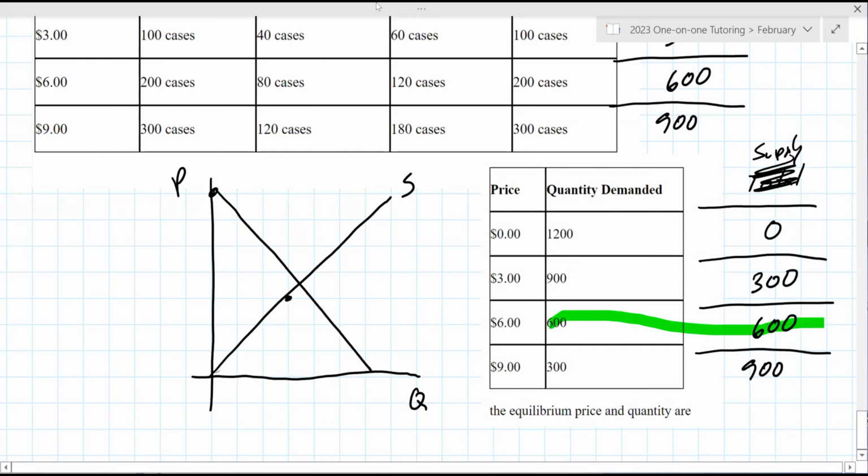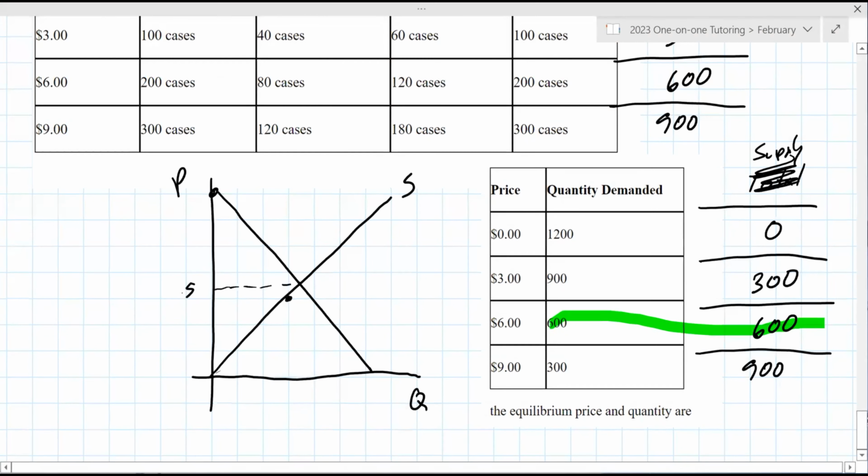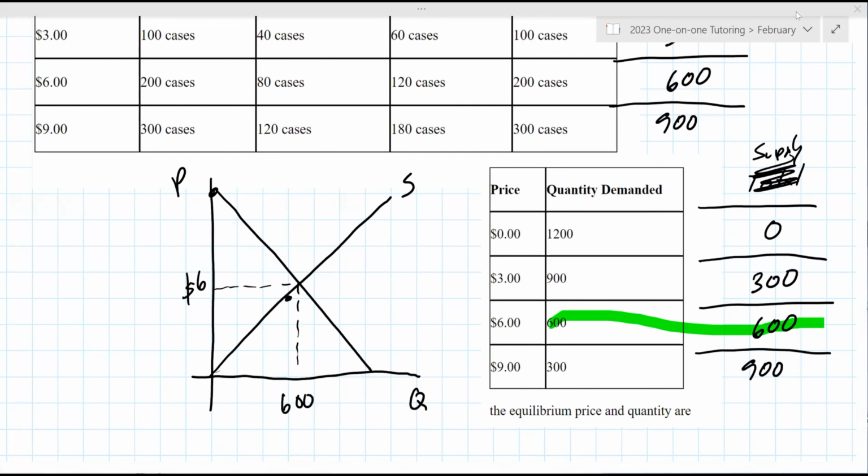So when the price is $6, the quantity demanded is 600 and the quantity supplied is 600. That's what it means when they match there.